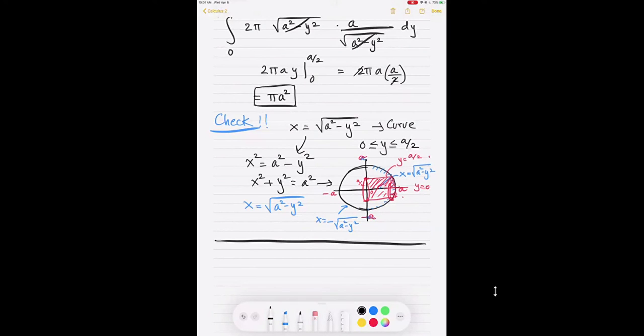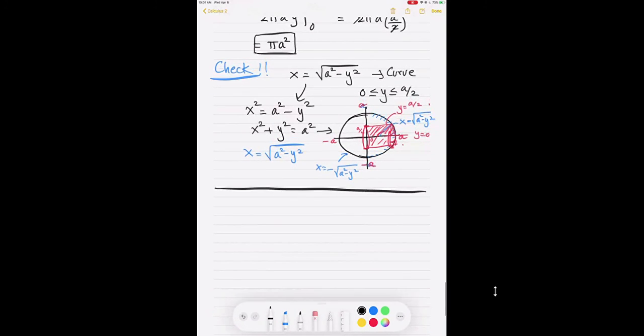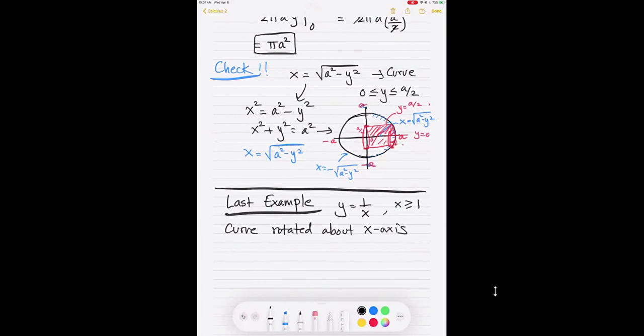So here is the last one that I wanted to do, which is going back to the last example, Gabriel's horn. The last example, y equals 1 over x, x was greater than or equal to 1. This curve was rotated about the x-axis. And we found its volume.